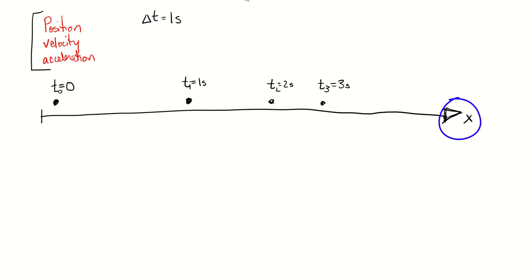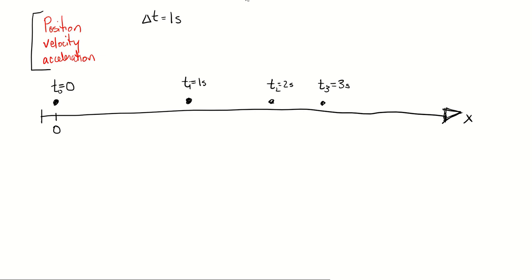And now we need to choose where the origin of this direction is. One of the nice things is we're free to choose the origin wherever we want. It will not affect any of the physics or any of the description of this. But just for the sake of simplicity, let's call this our 0 point, right?